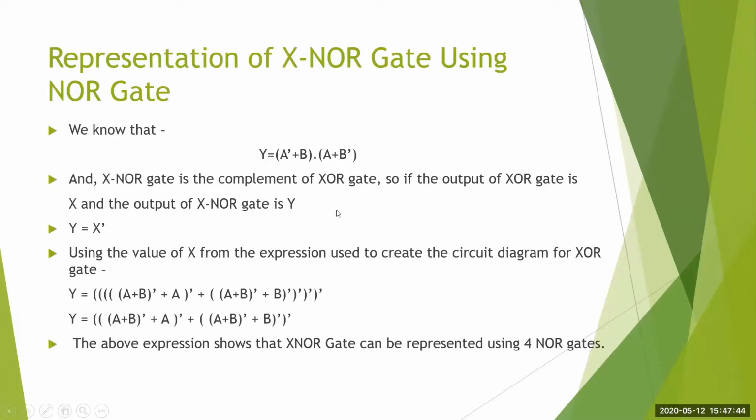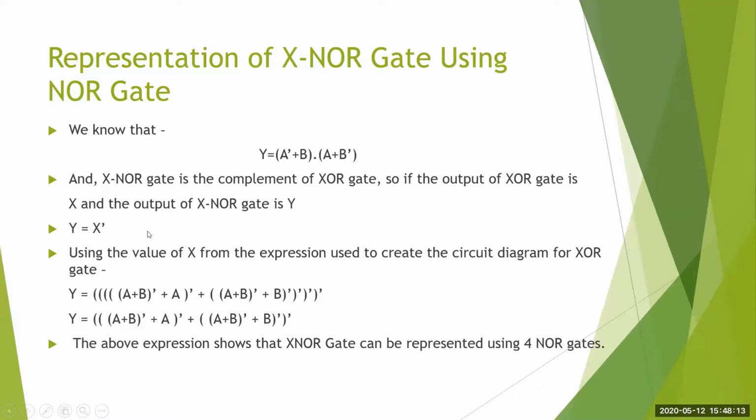Moving on to the next slide, we know that the Boolean representation of the XNOR gate is y equals a complement plus b dot a plus b complement. This expression we have derived in the previous slide. Now, the XNOR gate is the complement of the XOR gate. So if the output of the XOR gate is x and the output of the XNOR gate is y, we can write y equals x complement.